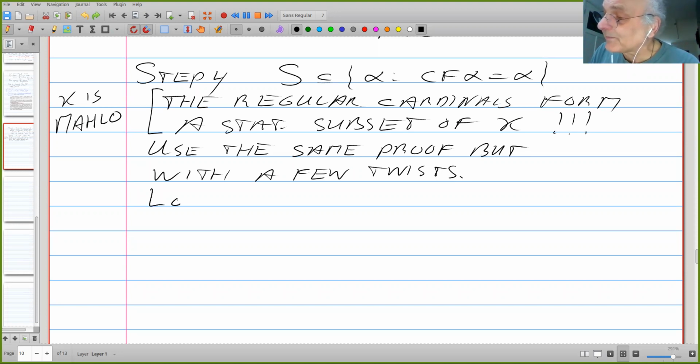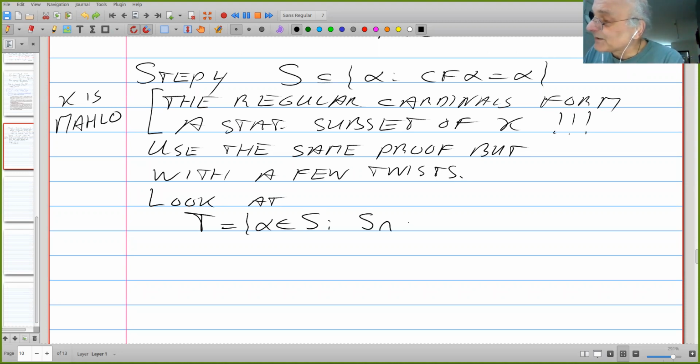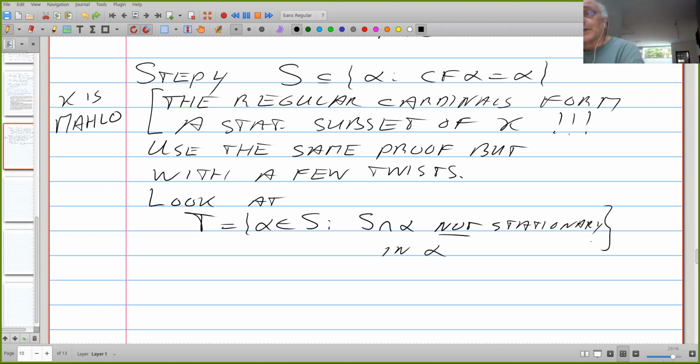We look at T, that's the alphas in S. And notice every alpha in S is a regular cardinal. So we can look at S intersect alpha.